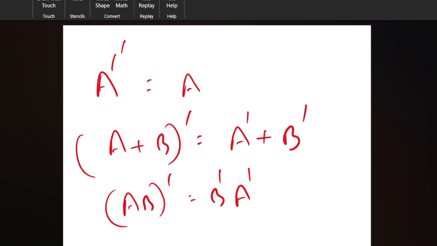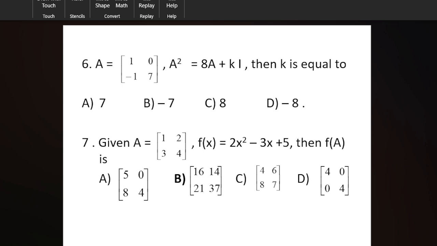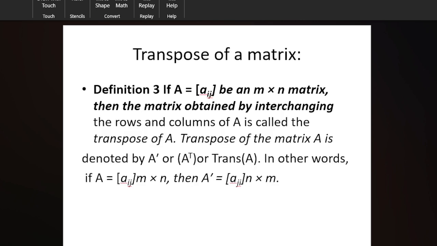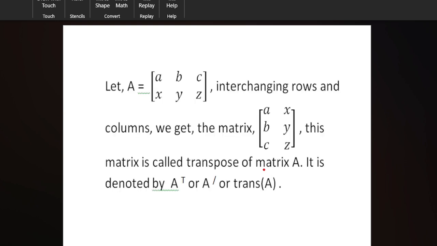Now here you see, as we have already discussed, the transpose of a matrix. If A equals Aij of order m by n, then A dash equals Aji, because we are changing rows to columns.